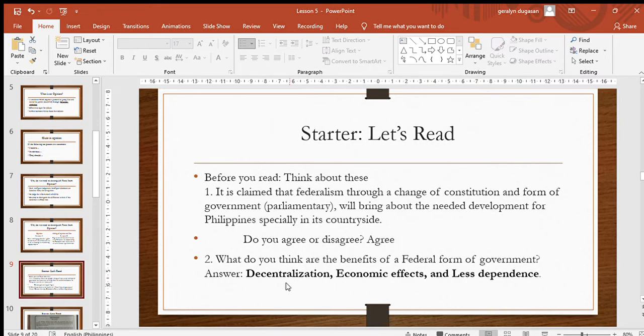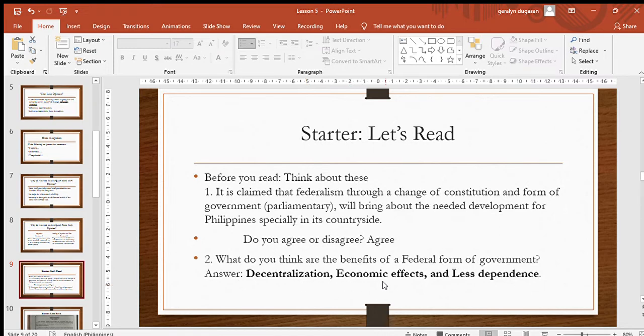In decentralization, regions or states are allowed by federalism to create solutions to their own problems, implement policies for their improvement, and make decisions for their own good.